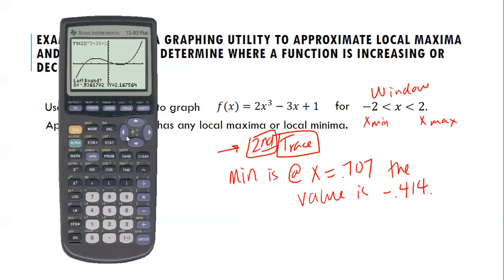He's going to go to the left of where I think my maximum is. And I press enter. Then he's going to go to the right of where I think my maximum is. And I press enter. And I want it to guess. And it's going to think. And it says, here is your maximum. And that is how you find your min and max using the calculator.